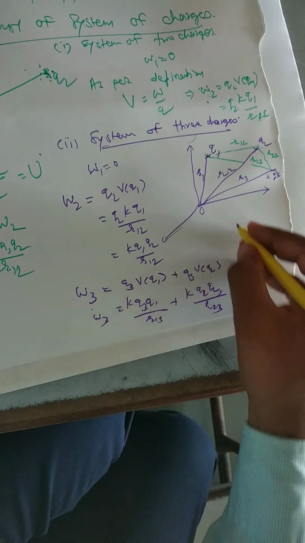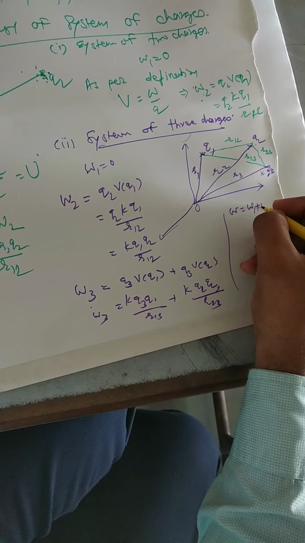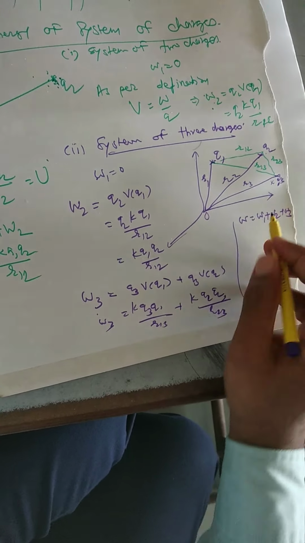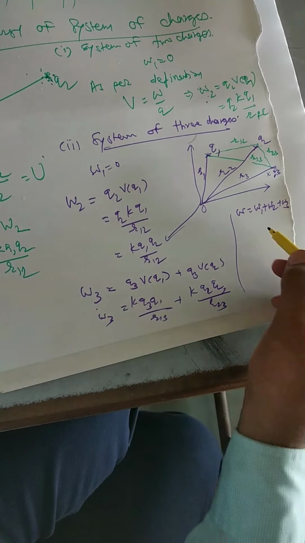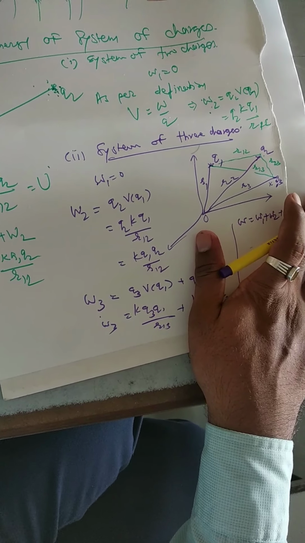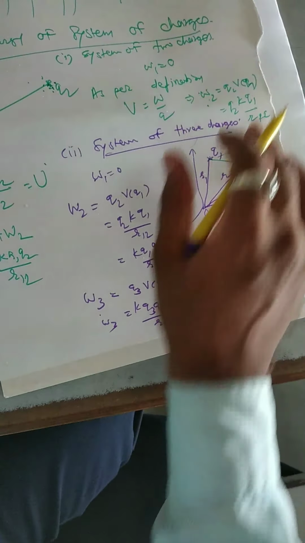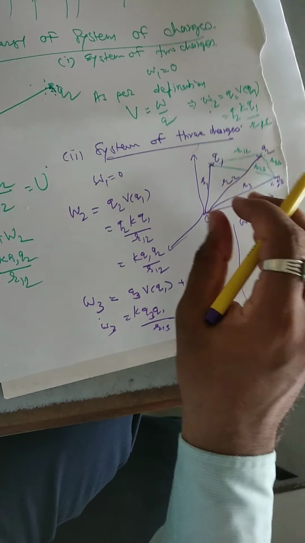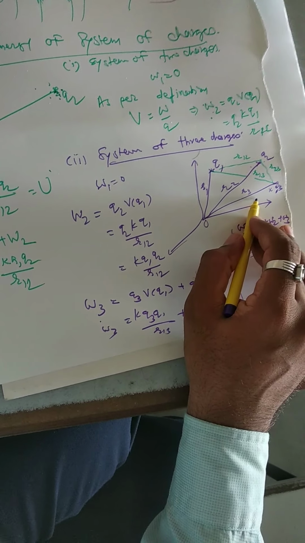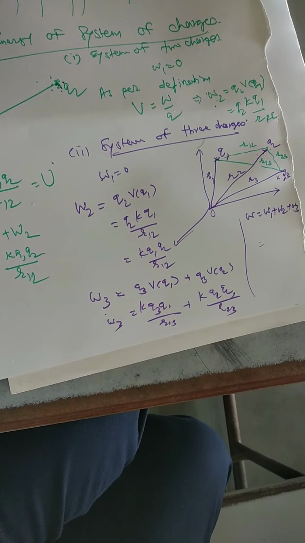So the total work done, from the principle of superposition, W is equal to W1 plus W2 plus W3. We just put in the values of W1, W2 and W3. Finally we will get the equation of work done, and whatever work is done to bring all these three charges from infinity to the given point is utilized in the storage of potential energy.